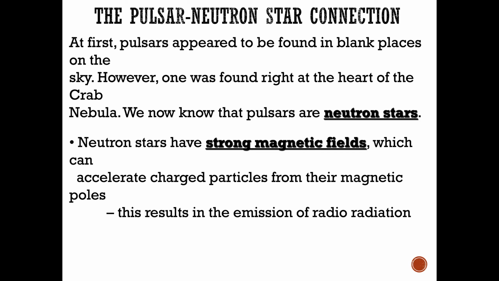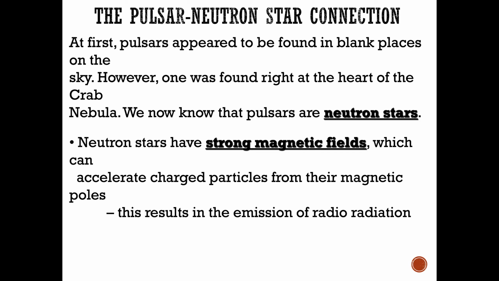And then we found a pulsar right at the heart of the Crab Nebula, and we know that there is a neutron star in the Crab Nebula because it's a site of a supernova explosion, right? So once you had a supernova explosion, especially type 2, you should have a remaining neutron star there, right?